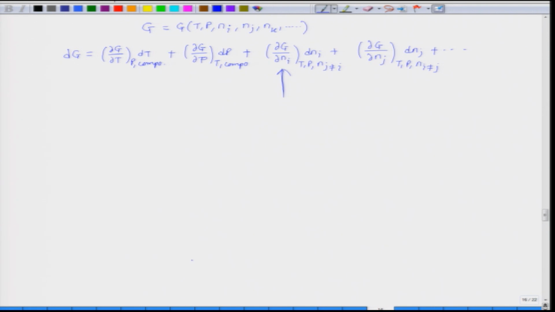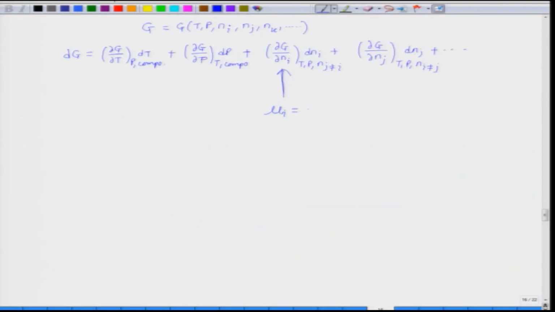It expresses the change in Gibbs free energy because of addition of 1 mole of I at constant temperature, pressure and constant number of moles of other species, and this is called the chemical potential. Right.